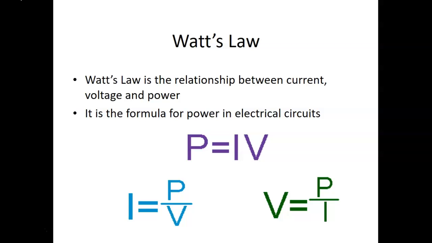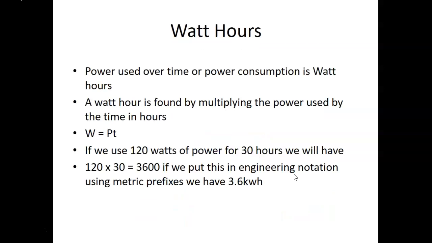You can tell exactly how much power it'll eat up in a year. So, we already kind of said this, but power is used over time, and we measure it in watt hours. This is what the power companies bill you with.